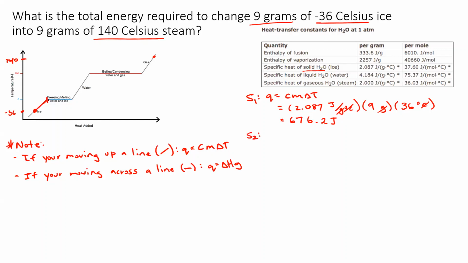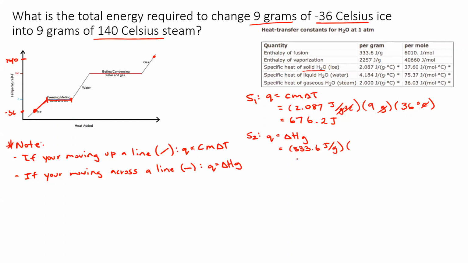Now we have to go to step 2. We need to move across this bridge. Because we're crossing it, we're going to use Q equals delta Hg, not Q equals Cmat. What's our delta H? We're going to use the enthalpy of fusion, 333.6 joules per gram.